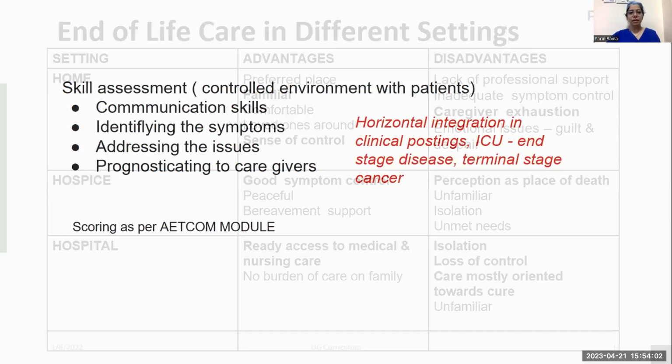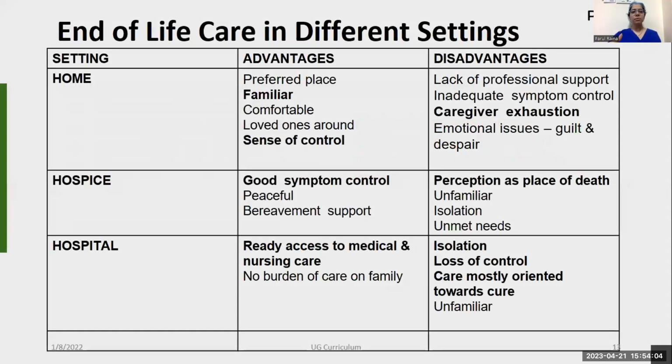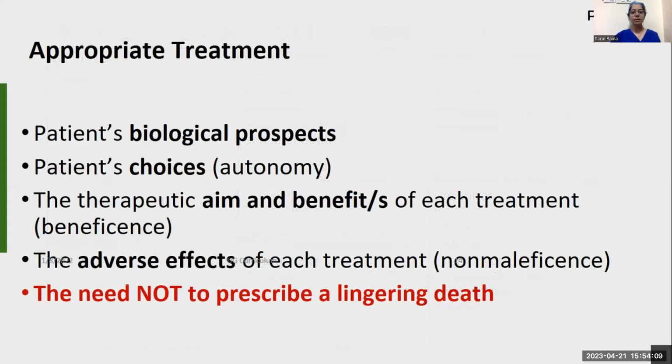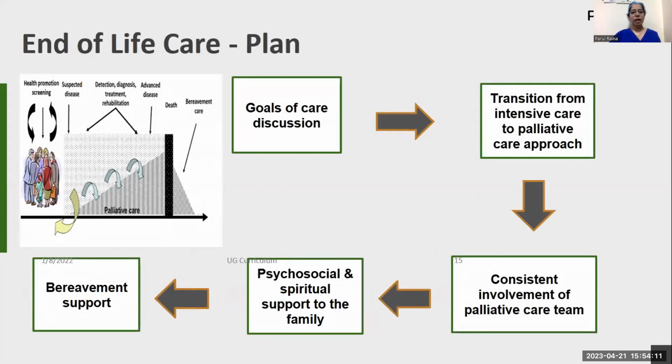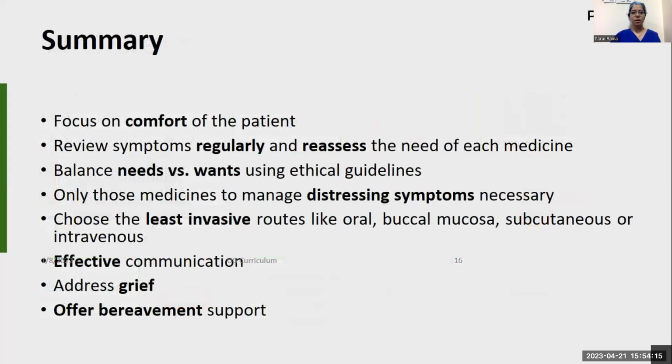Next slide. This is the brief about what we'll be sharing with them. Next slide. This has already been adapted. Next slide. So the summary should be primarily our focus, and what we need to tell the students is that the comfort of the patient comes first. They need to review the symptoms regularly and reassess the need of each medicine, which they will be doing in the clinical posting.